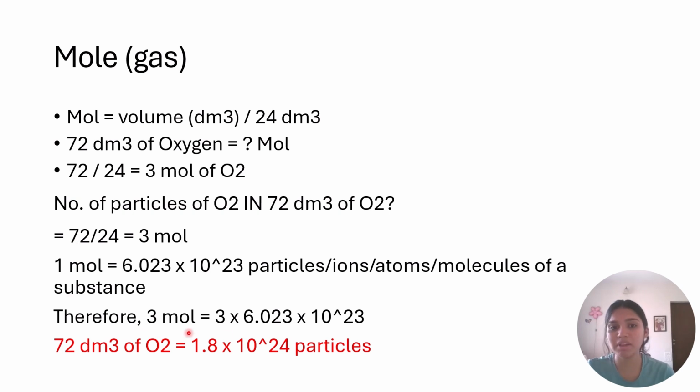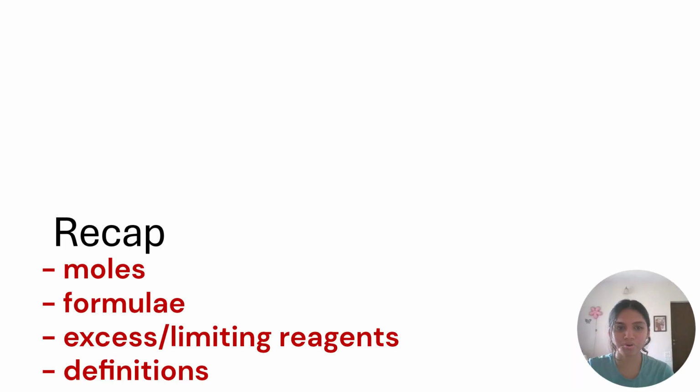Therefore, 3 moles will be 3 times the Avogadro's constant, which is 1.8 into 10 raised to 24 particles. This is a very frequently asked question. So always understand when they're asking you particles, you don't have to use masses or anything. You just have your moles and you multiply the number of moles by 6.02 into 10 raised to 23. Okay, that is pretty much what it is.